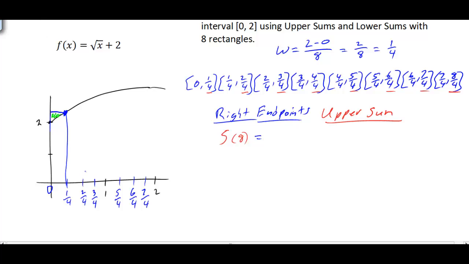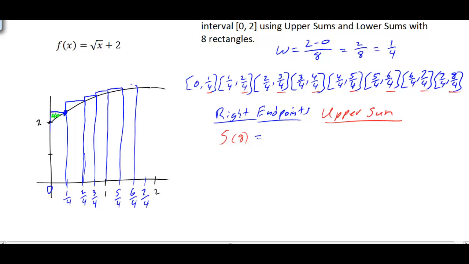So if we're using the right endpoint, then at 2/4 we would simply go up and over, and then at 3/4 we would go up and over, at 1 up and over, 5/4, 6/4, 7/4, and at 8/4.